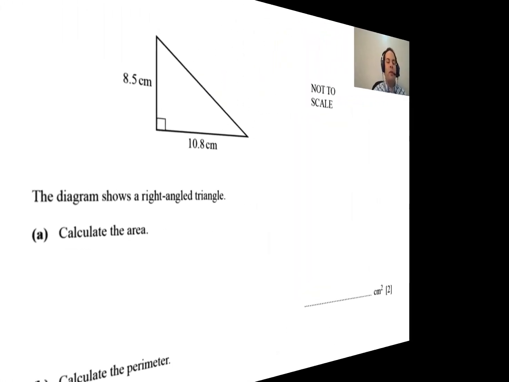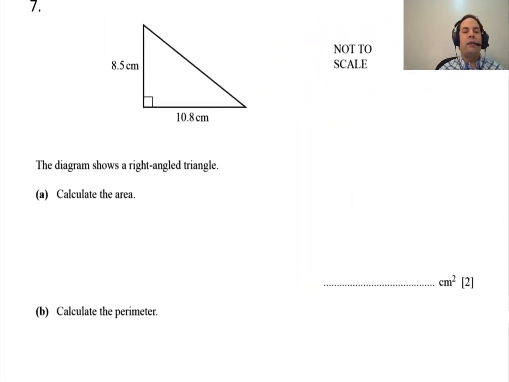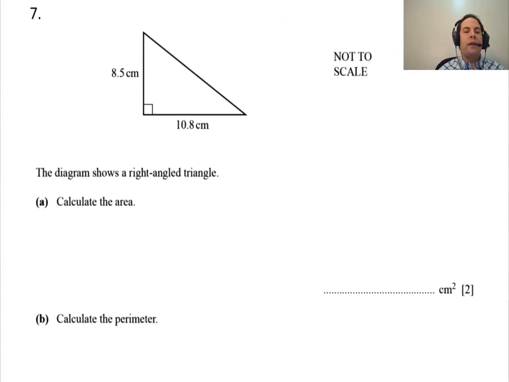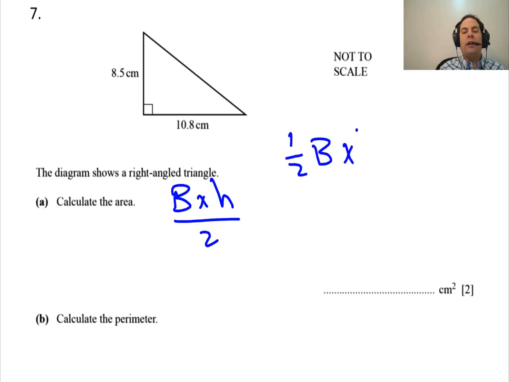Question number 7. We have here a right angled triangle where two sides are given. Let's look at part A. The diagram shows a right angled triangle. Calculate the area. To get the area of any triangle, especially a right angled triangle, it's base times height divided by 2, or half base into height.